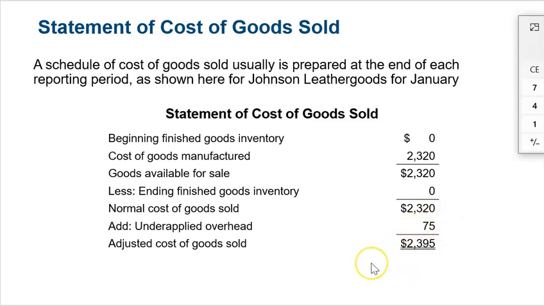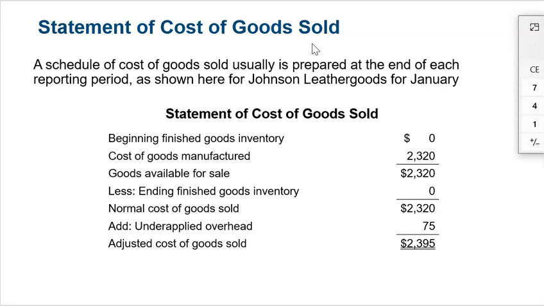Okay, if this was a more complicated examination of the statement of cost of goods sold, it would not be so important whether or not we had actually sold the backpacks.